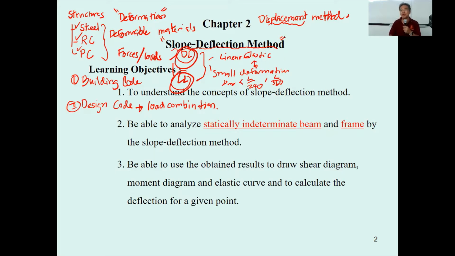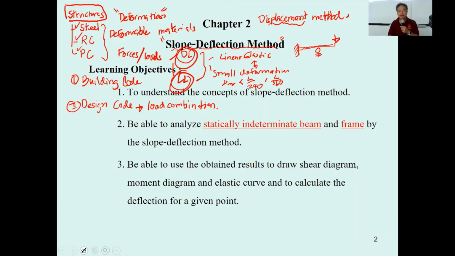And then we come to the method of slope deflection. We're going to analyze the structure based on the displacement as the unknown. For example, you have the beam, fixed over here and with a roller over here, and subjected to a force over here.